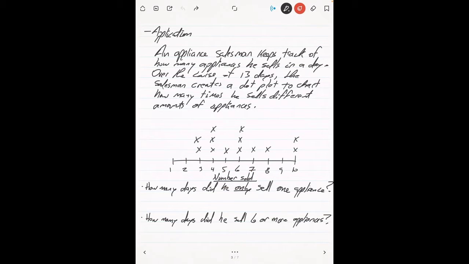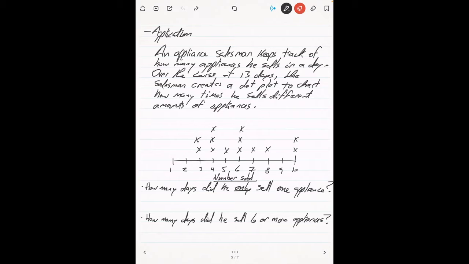If he sold 7 items, he put a little X right there. If he sold 8 items on a day, he put a little X right there. If he sold 6 items on a day, he put an X there, and if another time he sold 6 items, he put another X. What this is telling us is these are the numbers of items sold, and this is how often it occurred.